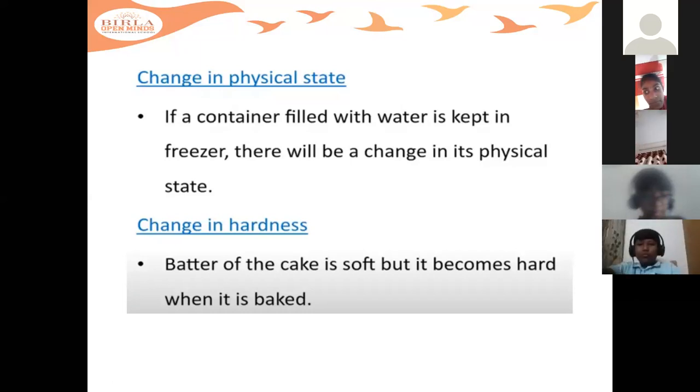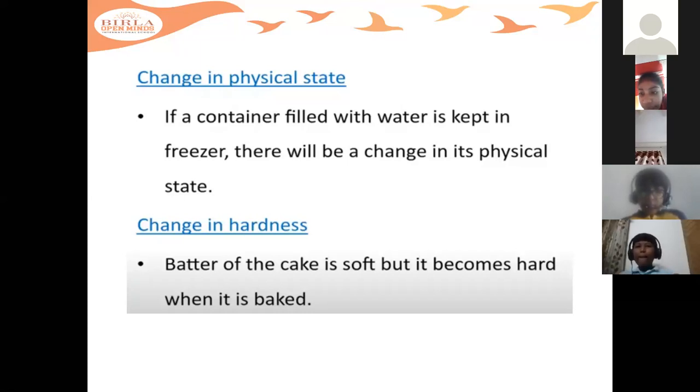Okay. So, change in hardness. What is change in hardness? Some things at an earlier stage will be semi-solid, and after some time they will become hard. For example, the batter of a cake will be very soft.